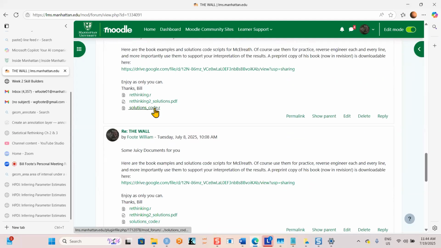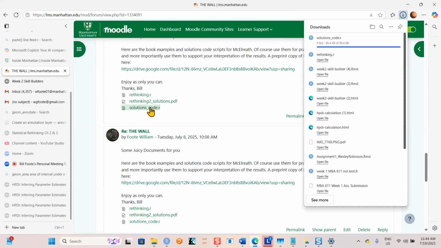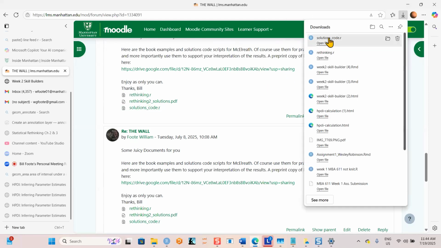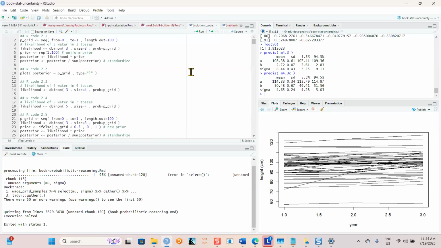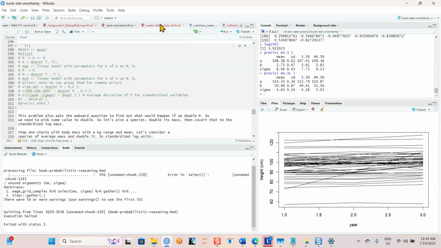Good. Here are the solutions. What was the number on that? 5H3, M5H3.